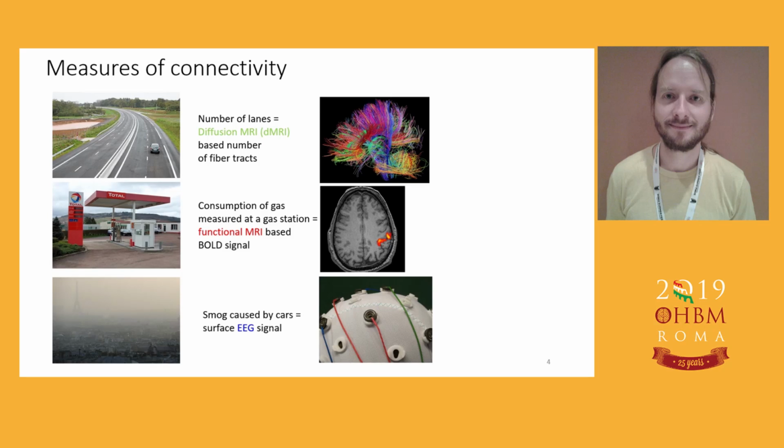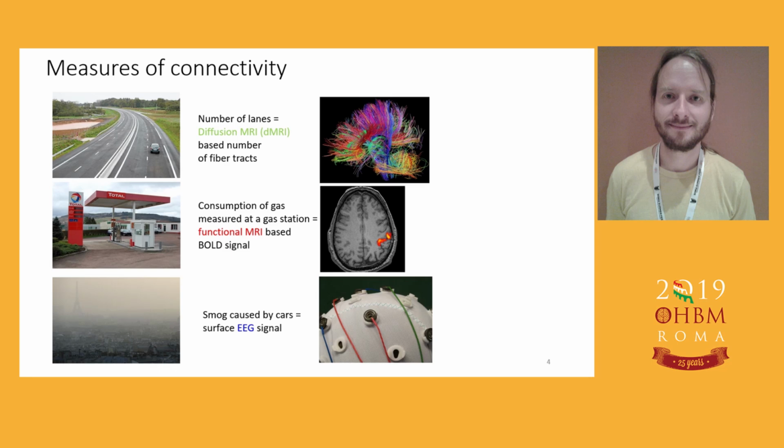When we think how do we measure the brain non-invasively in humans, we have really limited methods. We have diffusion MRI, where we measure the number of tracts in the brain, which is equivalent to measuring the number of lanes we have in our street map. Then we have BOLD fMRI, where we measure the BOLD signal, which is a really indirect measure. We can think of that like the gas station.